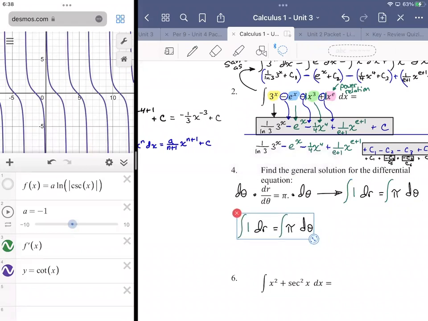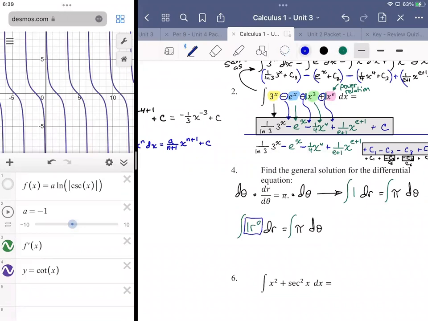Assuming I don't want to just reference a rule every single time, I could look at this 1 as really 1 times r to the 0th power. Take this expression, increase the exponent by 1, r to the 1st power, divide by the new exponent, 1 over 1, plus some constant c.